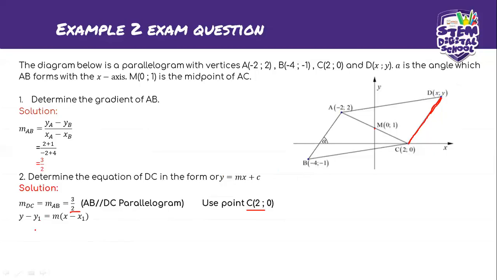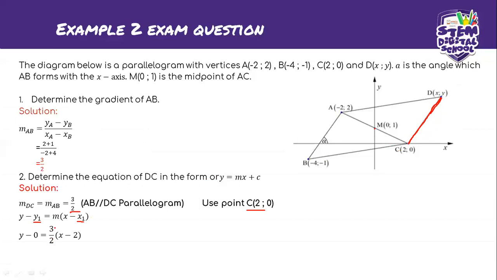And therefore, the next step, the value of y at point C is 0. Then our gradient is 3/2. The x value there is 2.